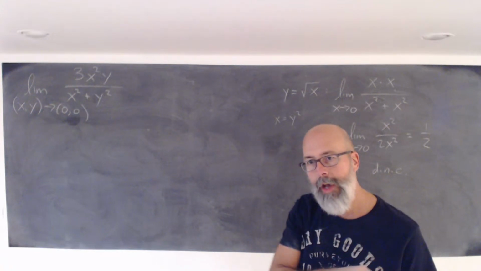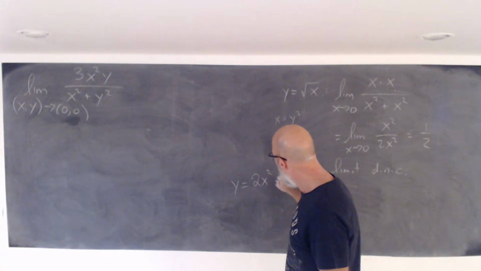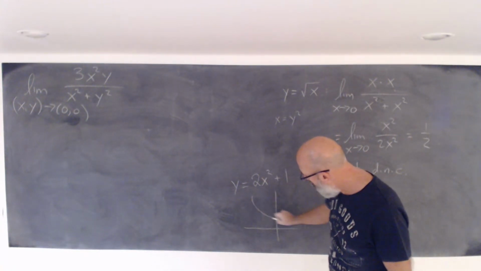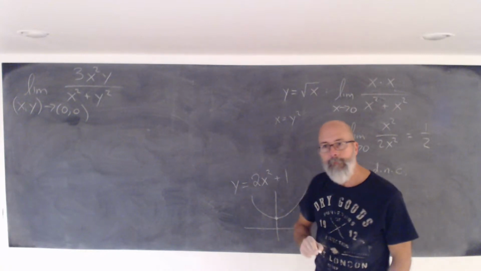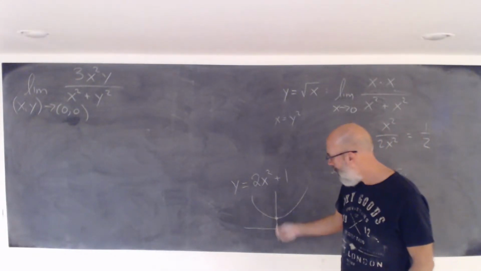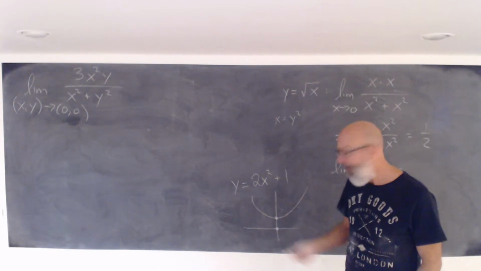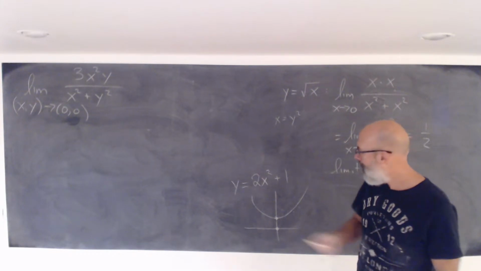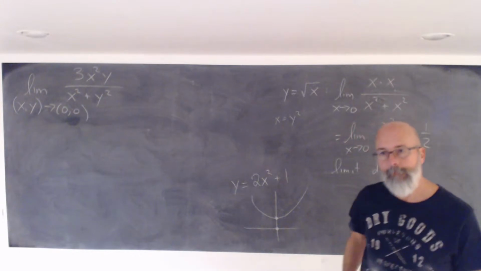The issue with that is, if you graph that, you know what the graph looks like, and it doesn't go through the origin. So we're in trouble, right? We want the behavior for values close to the origin. This does not get close to the origin. You need a function going through the origin here.